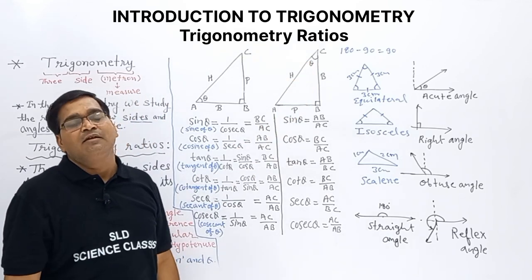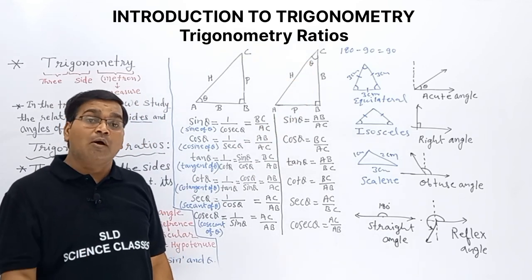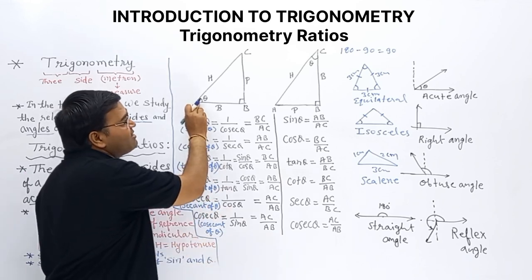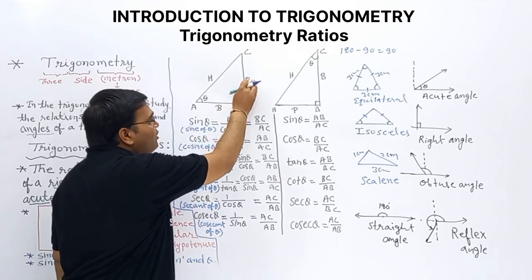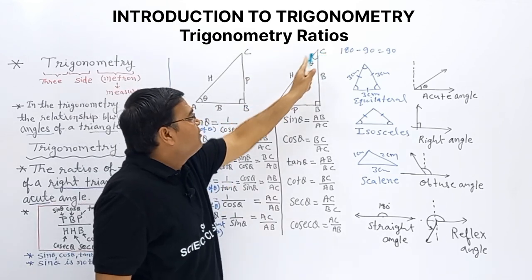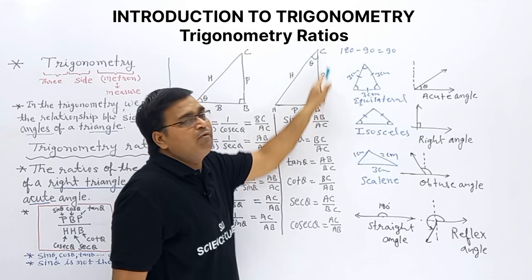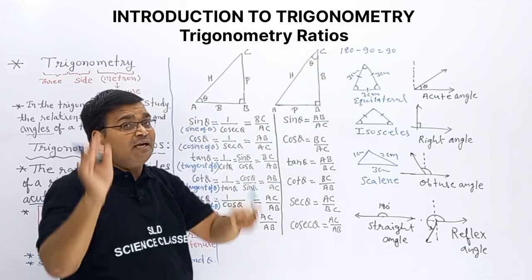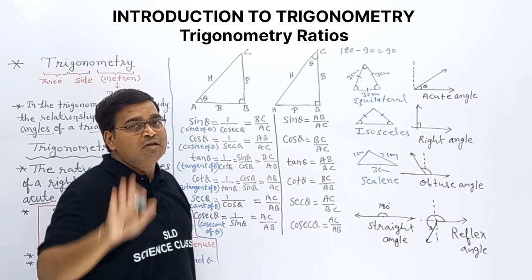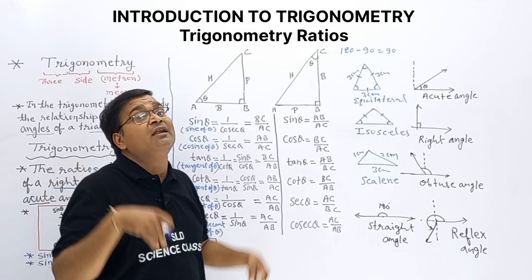We decide perpendicular and base from the acute angle. If A is the acute angle, then this will be perpendicular and this one is the base. But once we are having this one, its opposite will be perpendicular and adjacent will be base.